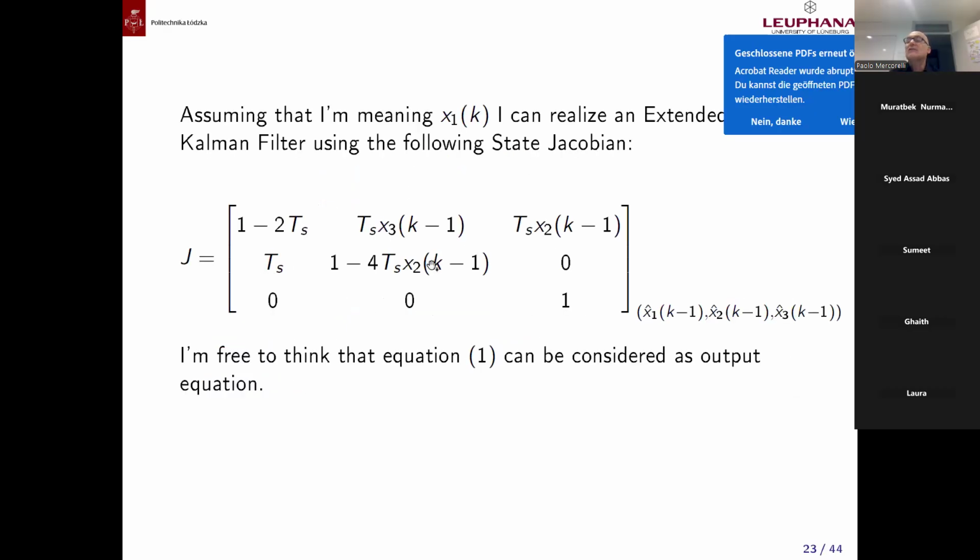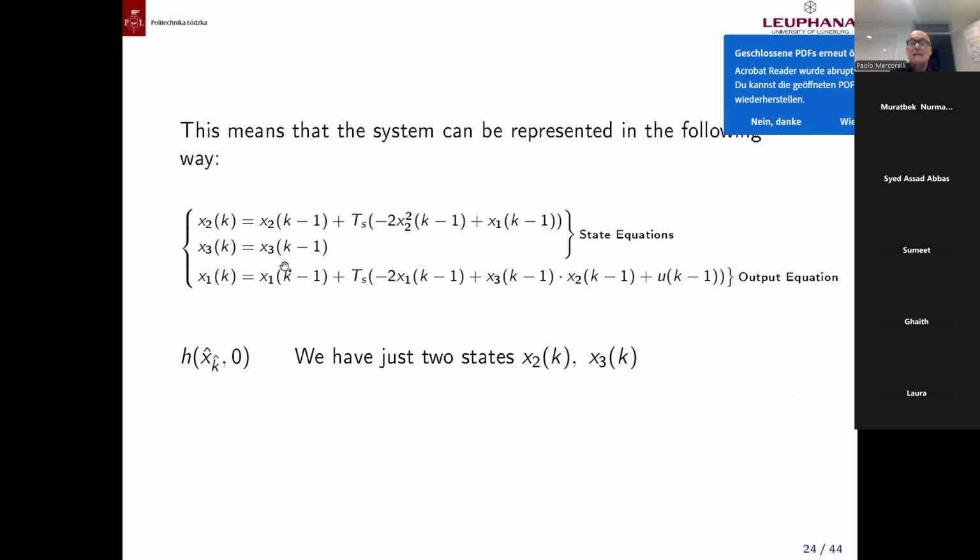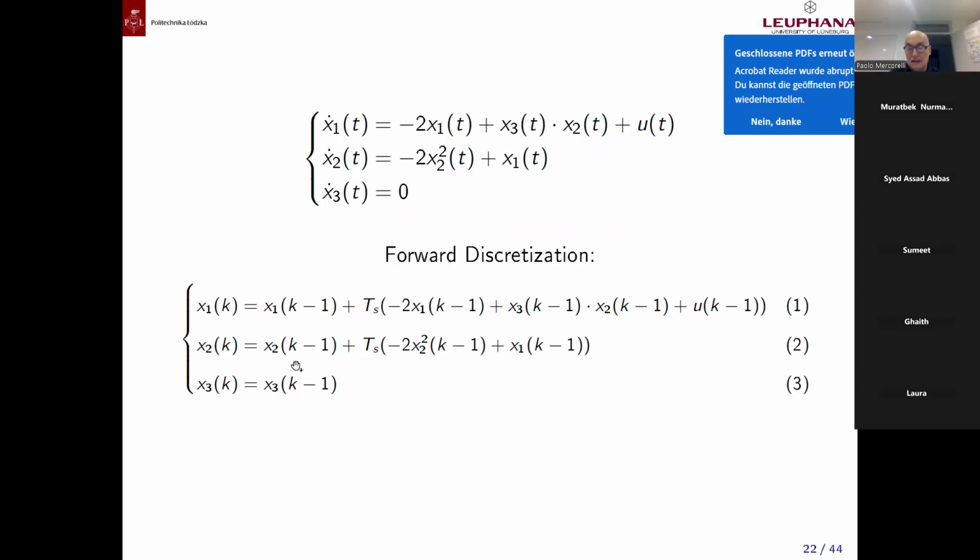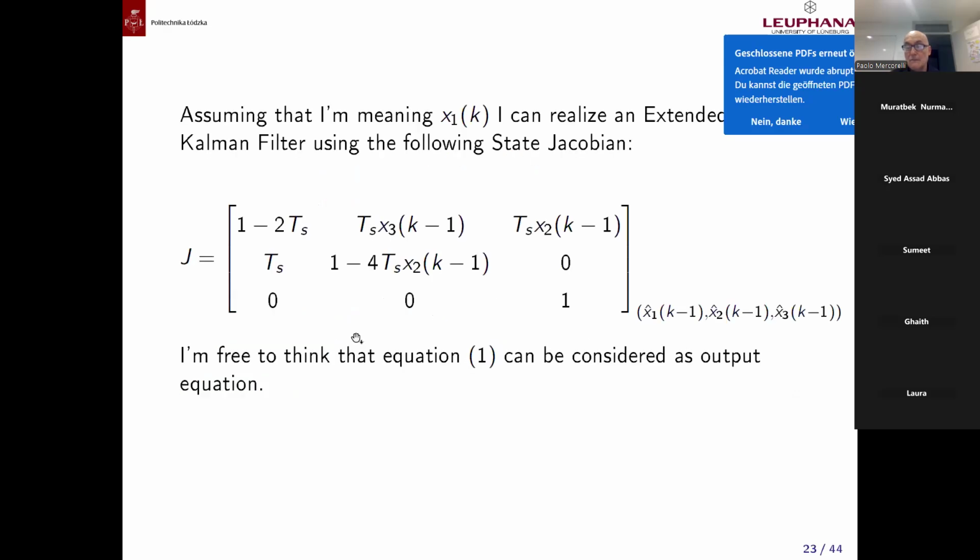Look at this line here in the middle. Why Ts? Because, excuse me, here I have this expression, which is x2 of k. The derivative of x2 of k with respect to x1 of k minus 1, the first element, is basically Ts. We can see Ts multiplying x1 of k minus 1.